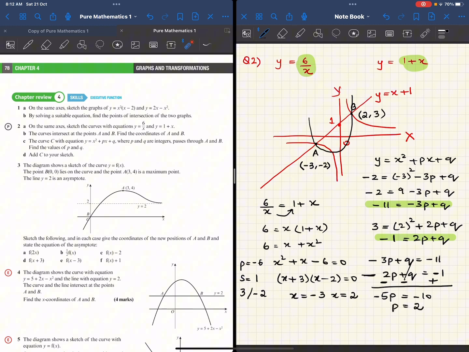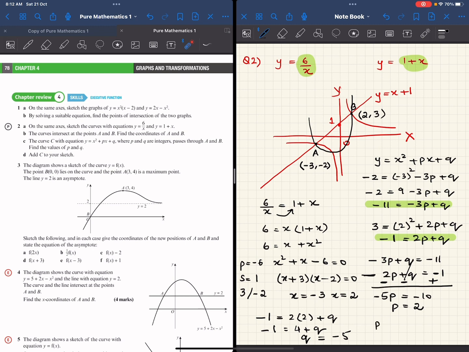Now we can plug in the value of p into any one of these two equations to get the q value. So let's take the second equation. We have minus 1 is equal to 2 into p, so 2 into 2, plus q. So minus 1 is equal to 4 plus q. Therefore, q is equal to negative 5.